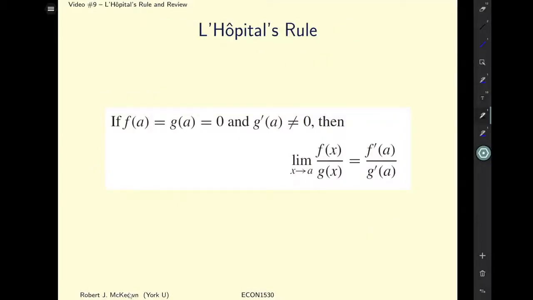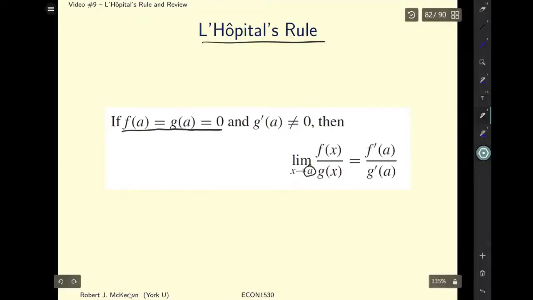Formally, this is what it looks like. In order to use L'Hopital's rule, we have to have two things. We have to have f of a equal to g of a equal to 0. Notice that a is where we're taking the limit to. Right? That's where we're taking the limit to.